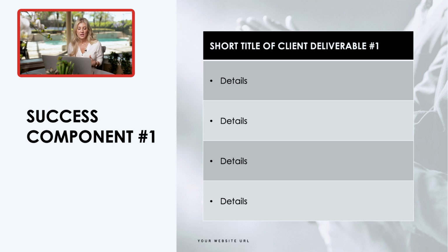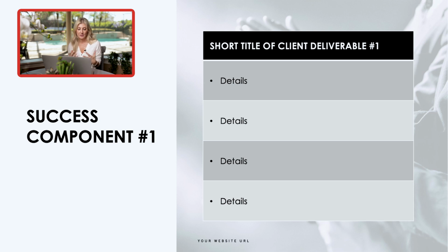describing each of those. So let's say that you are a consultant and the type of work that you do is advising companies on their productivity, their efficiency, their processes, their systems that they're using. One of the things that you might provide as a success component, first and foremost, is a thorough assessment of what they're currently doing.